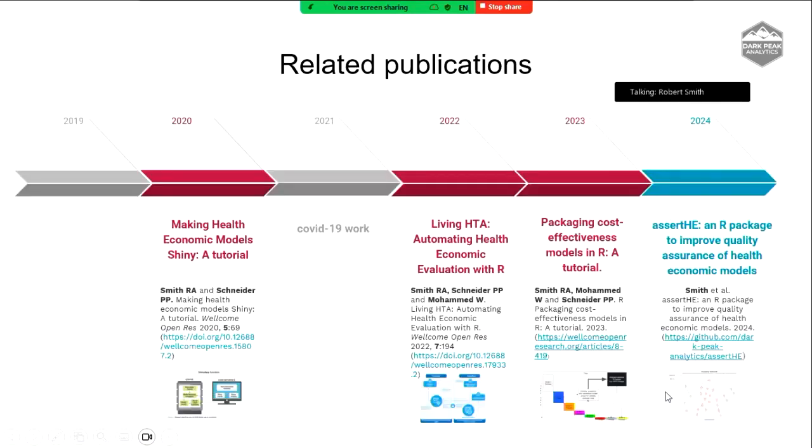So through various publications, a lot with Paul and Well in the past, we've worked with how do you build these Shiny apps, how do you automate some of this reporting in Markdown files, and then last year at our HTA, we presented on packaging cost effectiveness models, so a structure by which you can create a package for a model in a set format, and that provides a structure and a template for how to encode models in R. And that looks generally quite similar to what most of the models that I see in R end up being like.